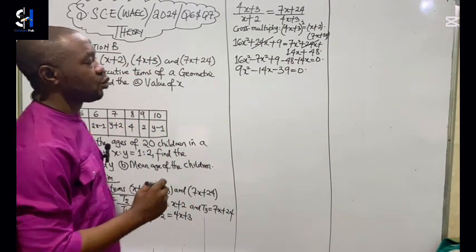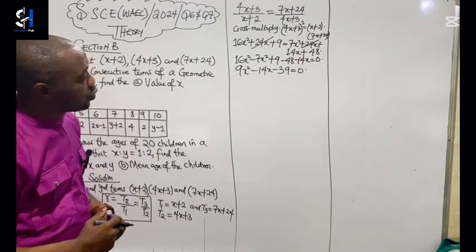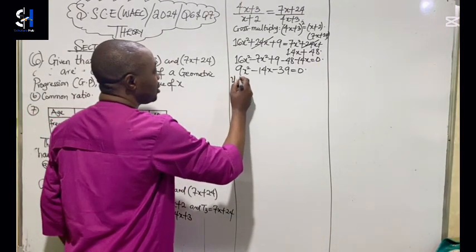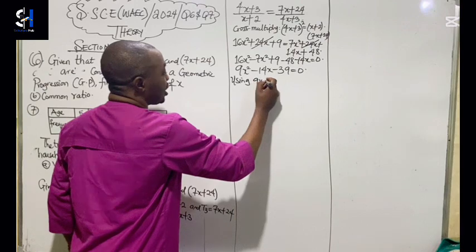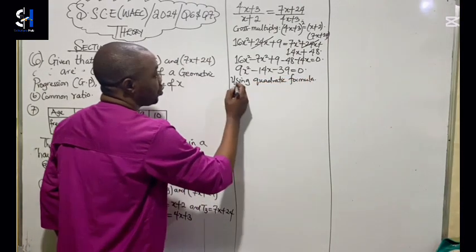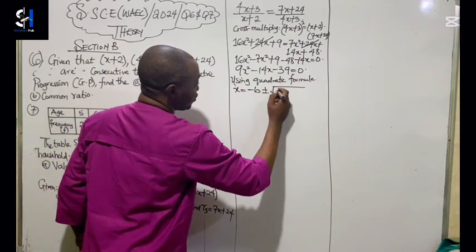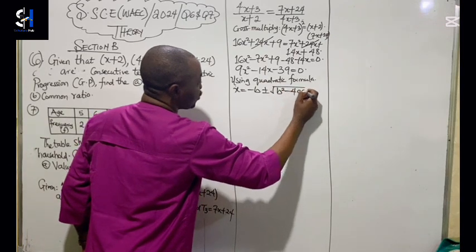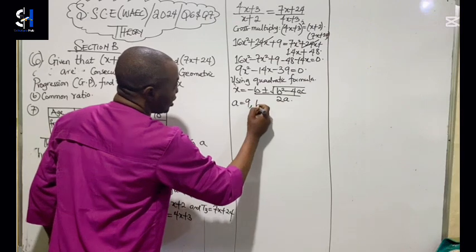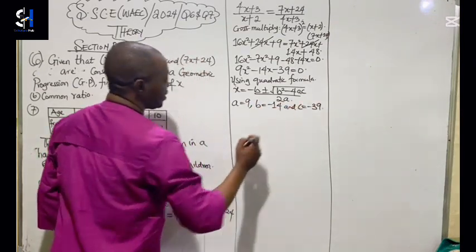So in this case, we have a quadratic equation. To solve it, let's make use of the quadratic formula. We know that x equals negative b plus or minus the square root of b squared minus 4ac, over 2a, where a is 9, b is minus 14, and c is negative 39.